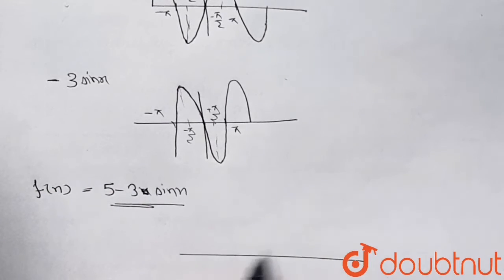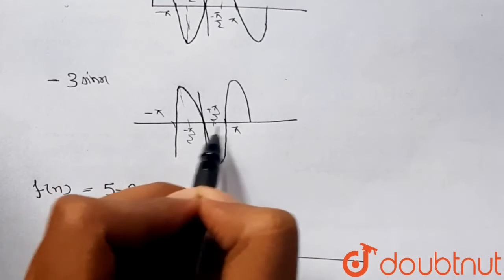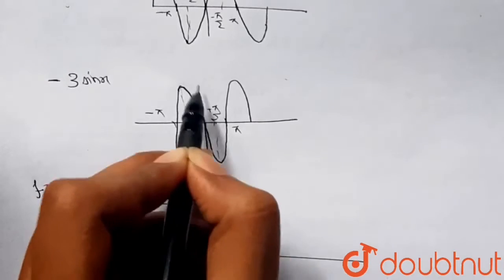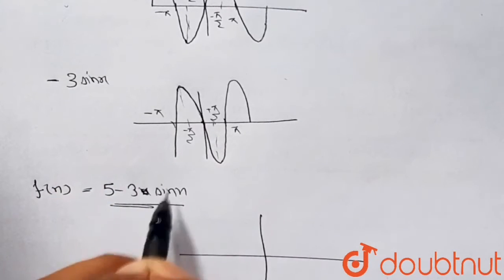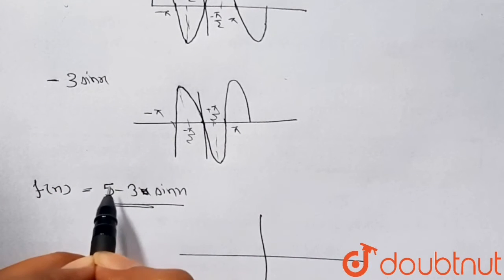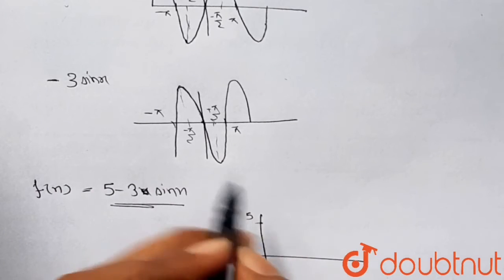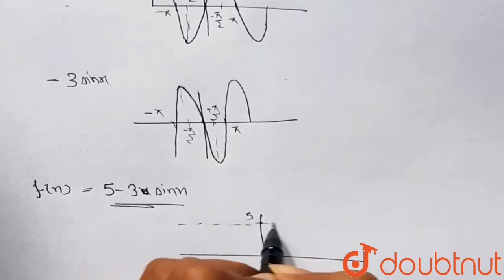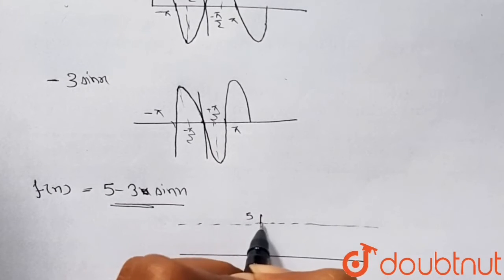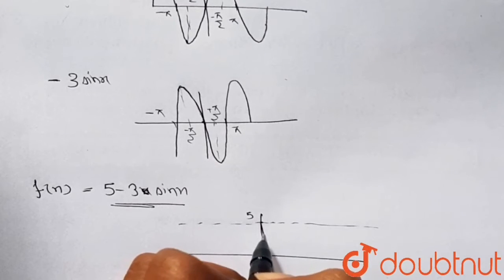So suppose at x equal to 0 we got the value 0, but here in this function at x equal to 0 the value will be 5, right? So suppose if this is y equals 5, then the function will become like this.